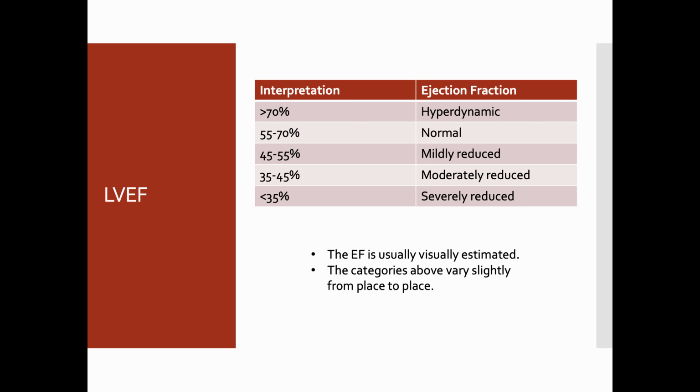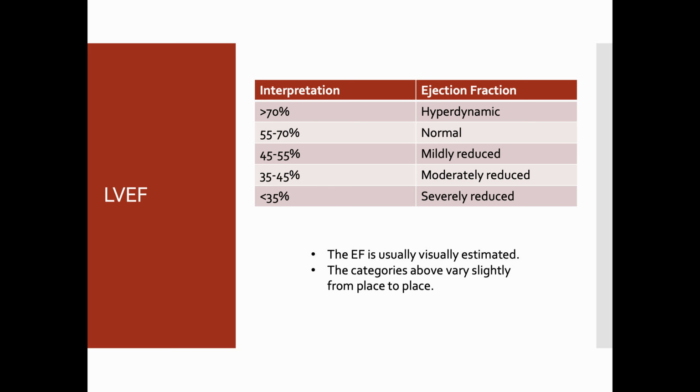So then we apply these numbers to that. A normal ejection fraction is, and these numbers vary from center to center. So when I was in Philly, we were happy with a 50 to 55% ejection fraction. At the practice I'm at now in Chambersburg, they're very clear that they look for a 60 to 80% ejection fraction. I think that's a little generous.